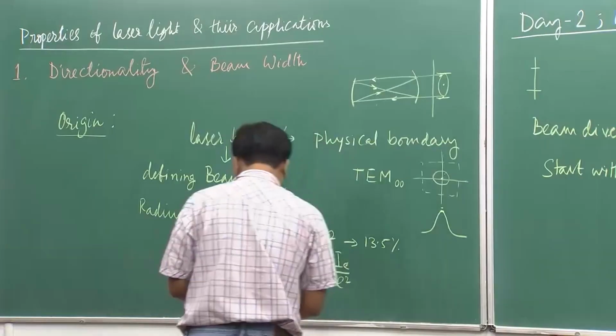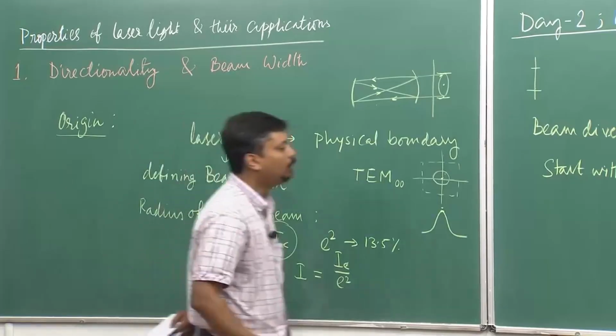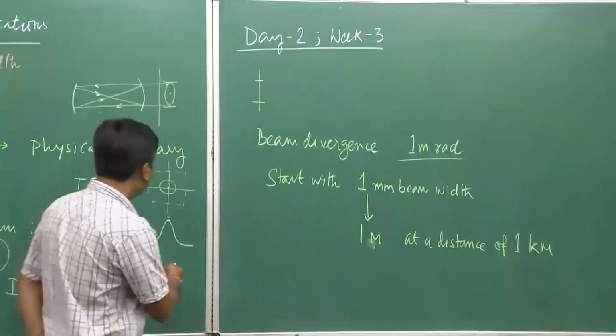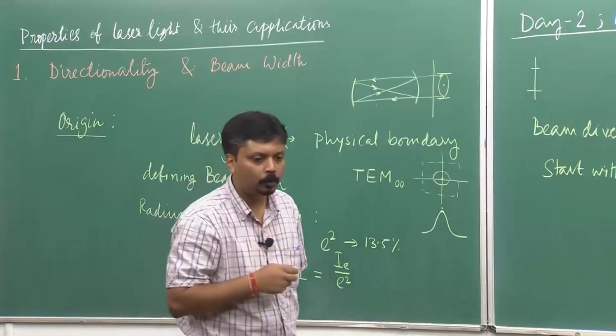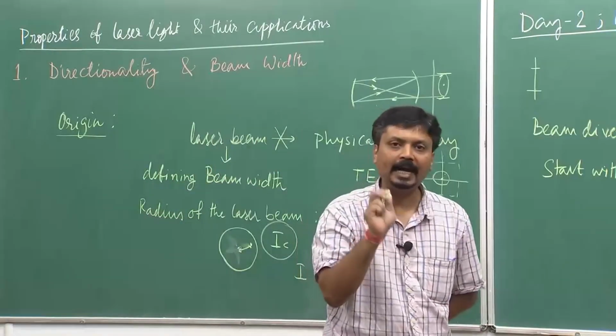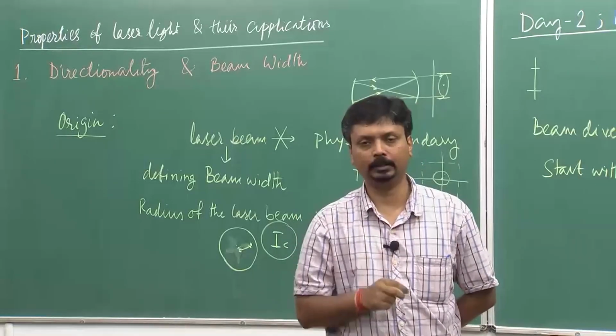Now, one more thing is that if we take this kind of beam, we can also focus it to a very tiny spot by using a convergence optics like a lens.